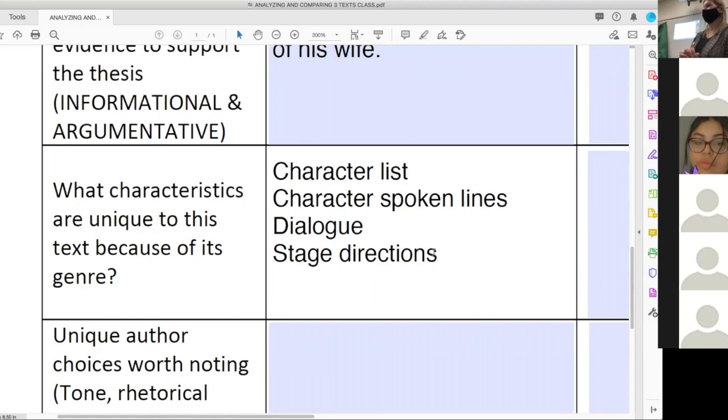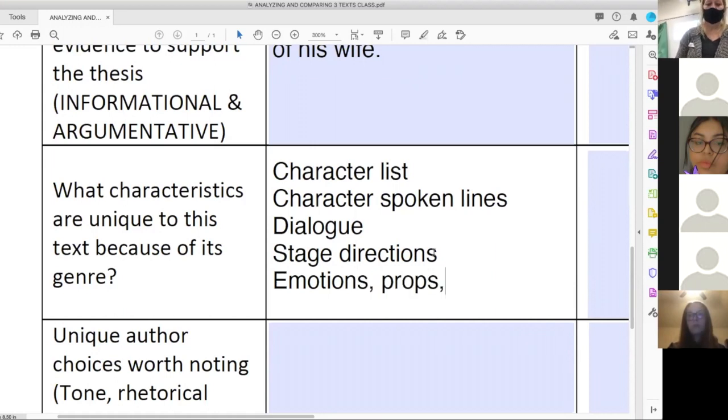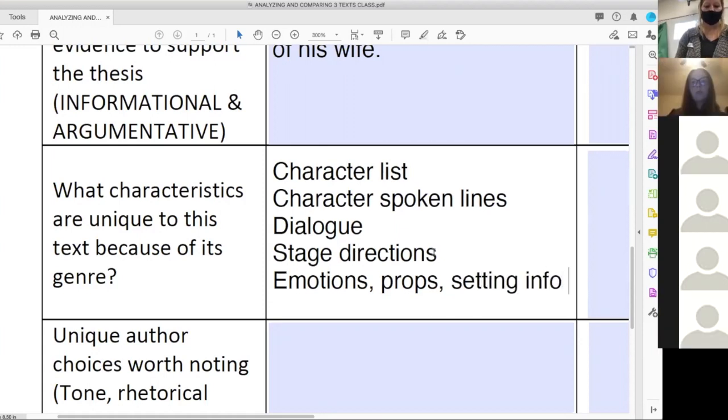Anything else come to mind? Yeah, exactly. The emotions are spelled out for us, right? So we get emotions, any props, that setting information is given to us.